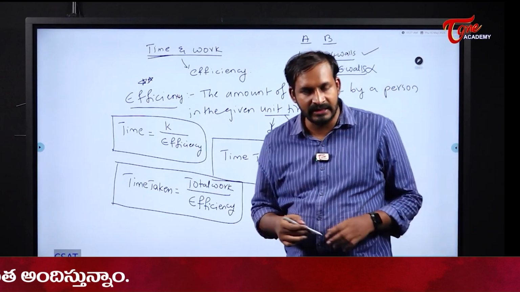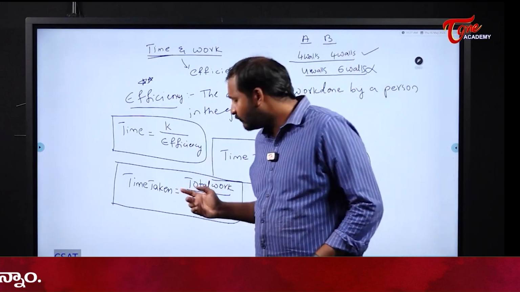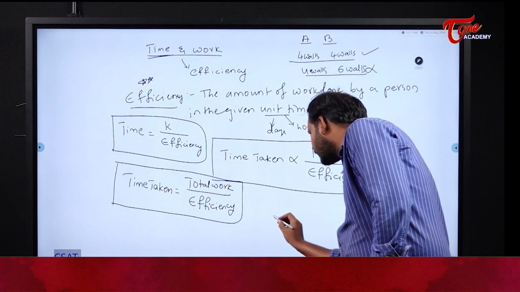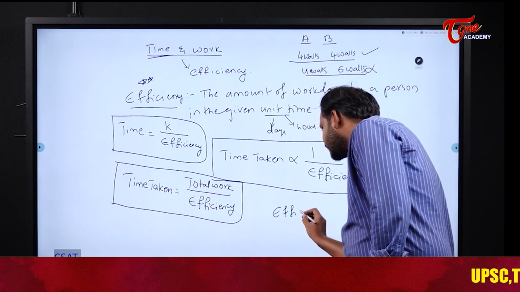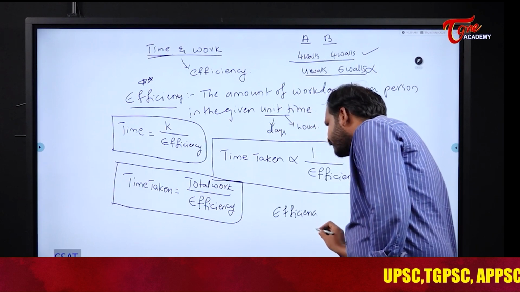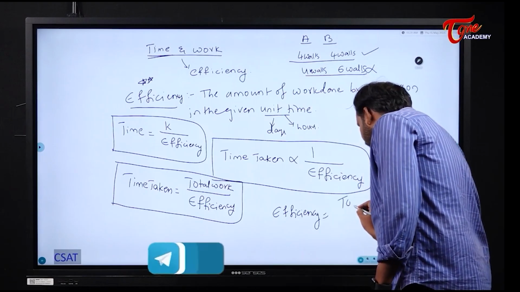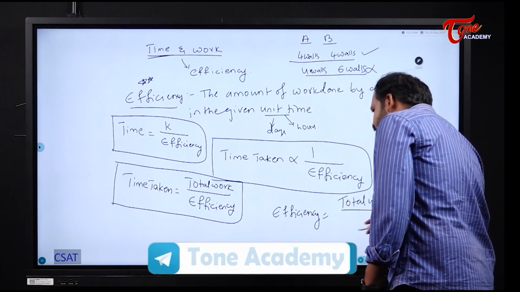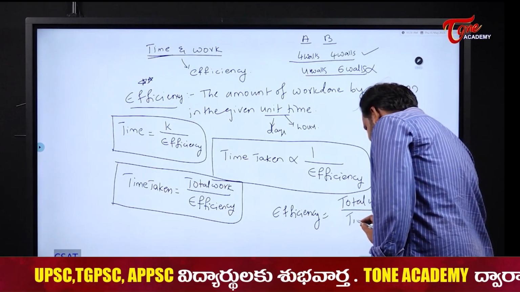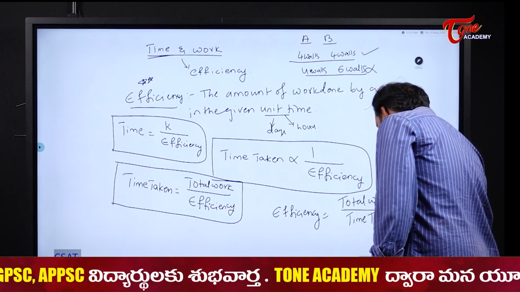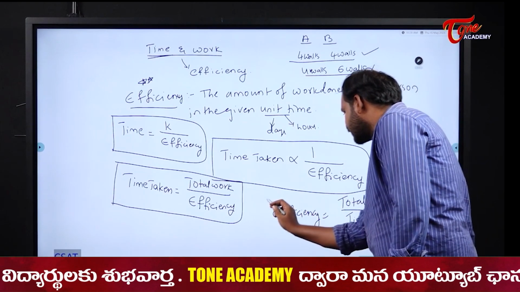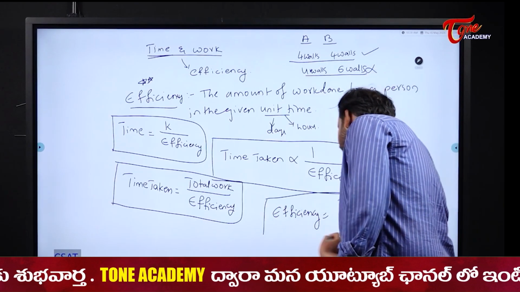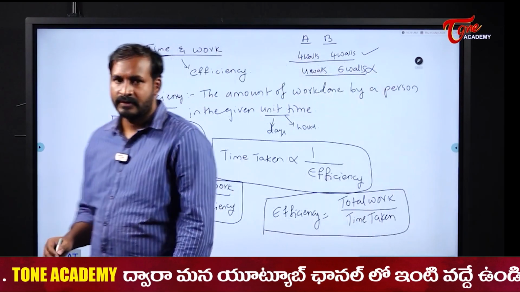Based on our requirement, if I want to find the efficiency here, what is the formula for efficiency from this? Efficiency is equal to total work by time taken. So these are the two things which we will use most commonly.